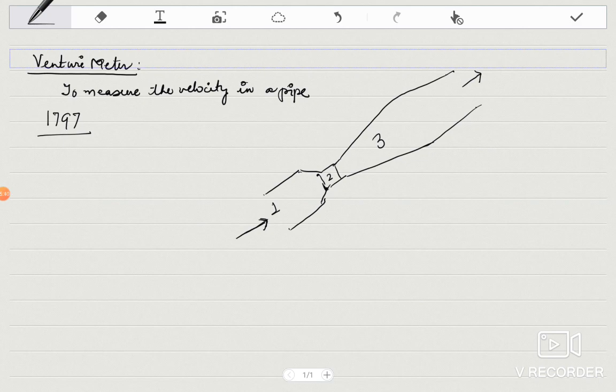For that, what we do, we attach a manometer from throat to this portion. This is a manometer, and in this manometer there is mercury, and the level of mercury due to the pressure of the fluid in the pipe will be like this.